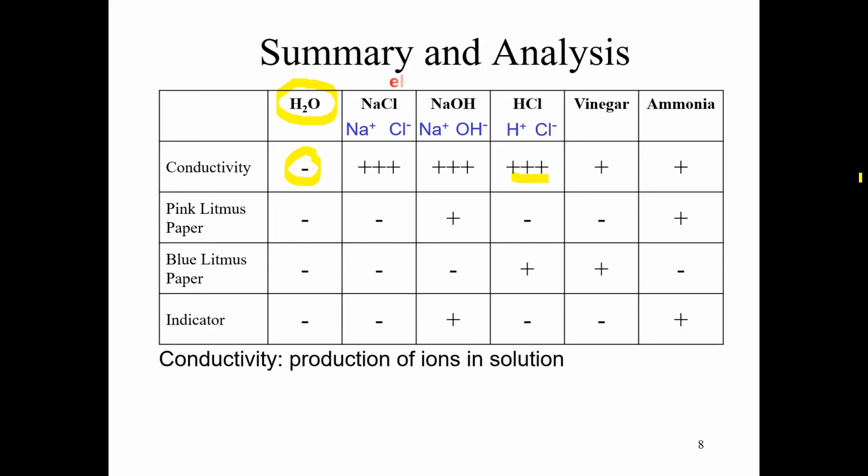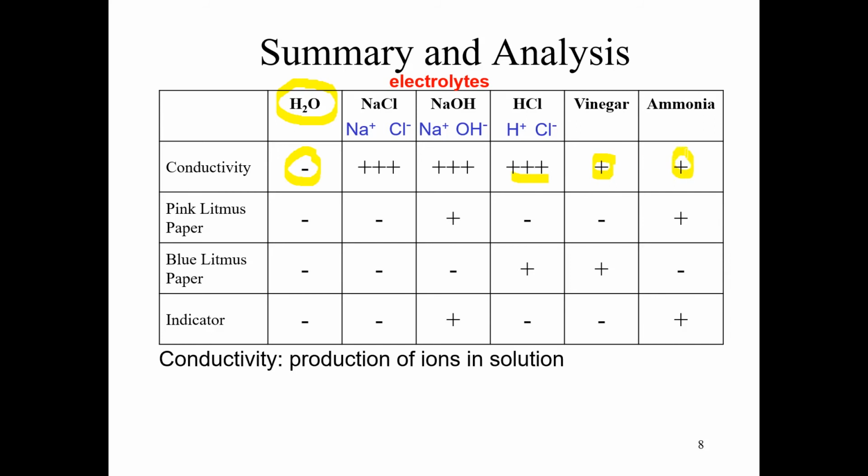Now, you might remember the word electrolytes. These are substances that when dissolved in water cause the solution to conduct electricity. In other words, at the atomic level, what we say is that these substances are producing ions in solution. Now, what's interesting is that vinegar and ammonia also gave us some response, but it was a lot less.